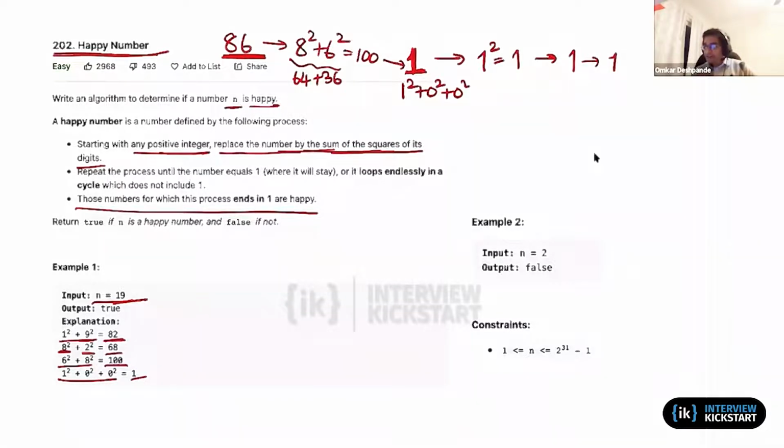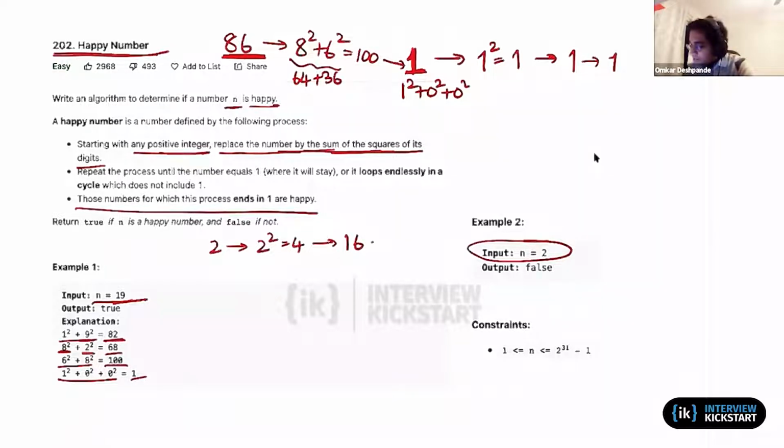A sad or unhappy number is one that doesn't have a fate like that. So let's take n equal to 2 as an example. Let's see what happens when we do this to 2. We'll take all the digits of 2, square them and add them up. The first number we get is 2 squared, which is 4. The next number will be 4 squared, which is 16.